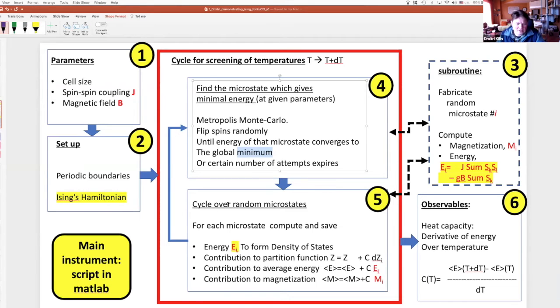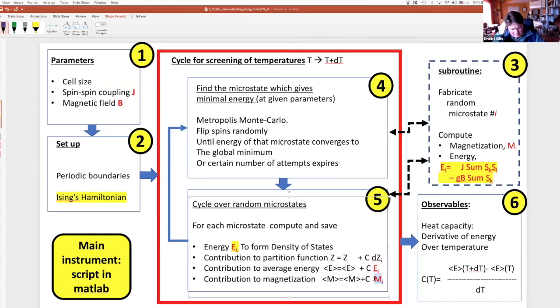Then one goes over a cycle over random microstates, repeating the procedure until patience expires. It takes random microstates, and for each of them contributes to the distribution, the contribution to the total energy, and the contribution to magnetization.